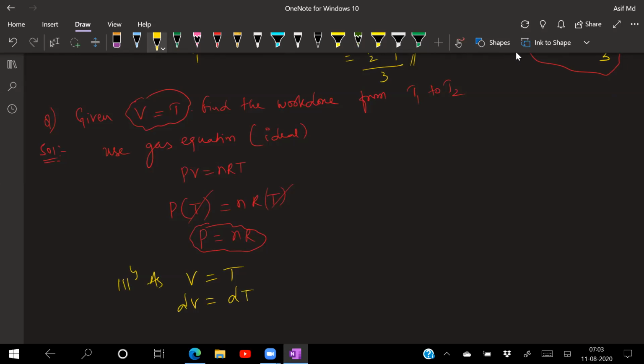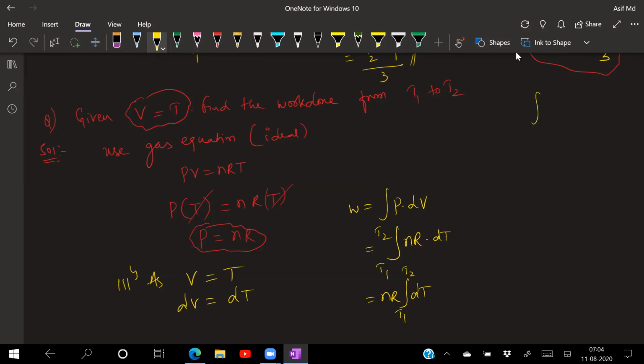Okay. Now the work done formula: W is equal to integral of P into dV. So that is equal to the integral of nR into dT. What are the limits right now? T1 to T2 in terms of temperature. So that is equal to nR, which is a constant, times the integral of dT with limits from T1 to T2.